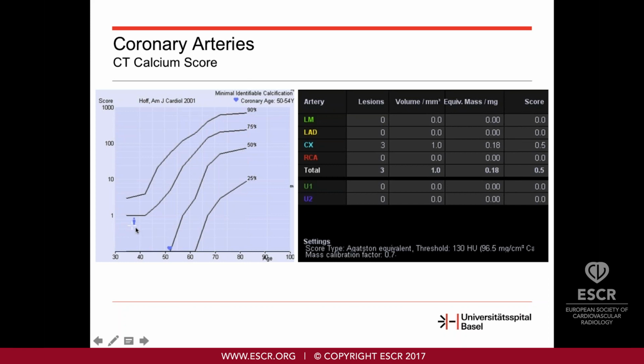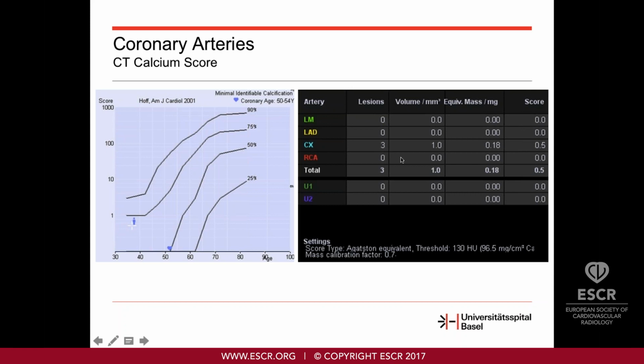So let's talk about coronary artery imaging. I would like to start with calcium score because it's a very attractive tool to guide therapy and to predict outcome. For example, we have a patient with a biological age of 37 years, as you can see here, and a coronary age of 50 to 54 years.